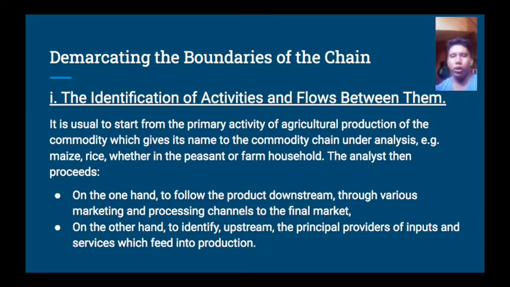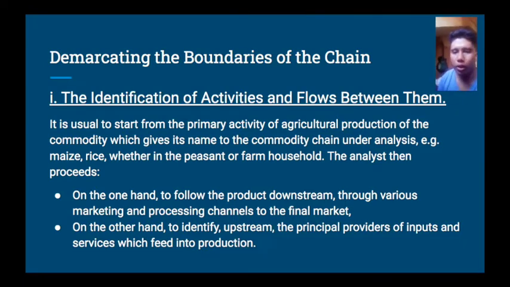The marketing boundaries of the chain are the identification of activities and flows between them. It is usual to start with the primary activity of agricultural production of the commodity, which gives the name of the commodity chain under analysis, for example corn or rice, whether it is a peasant or farm household.